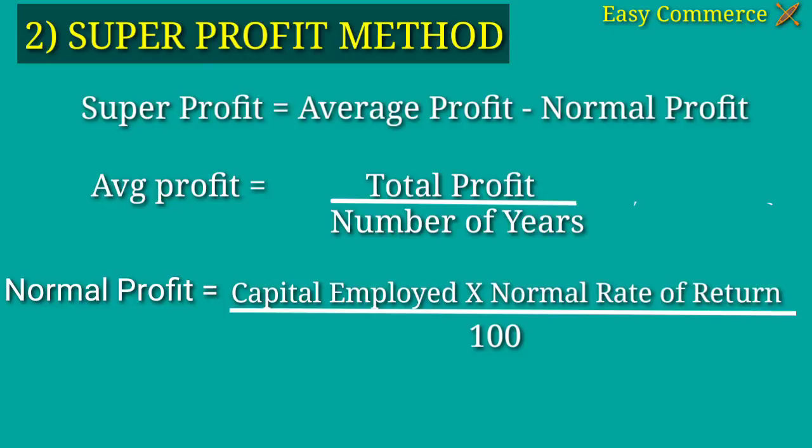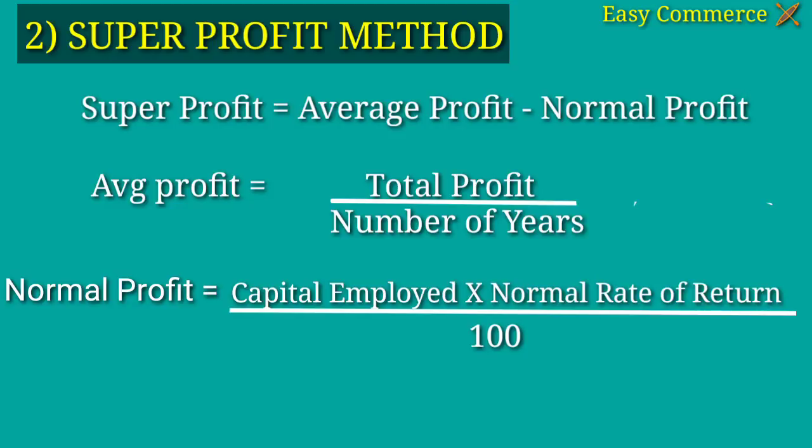Capital employed can also refer to the value of all the assets used by a company to generate earnings. Capital employed equal to total asset minus current liability, or capital employed equal to fixed asset plus working capital.